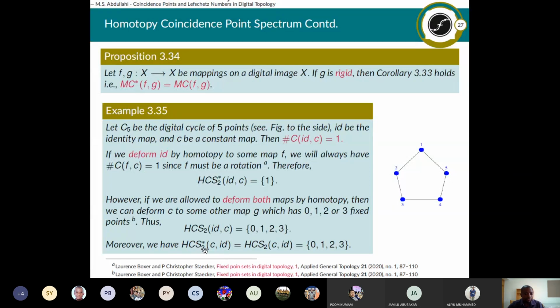And moreover, what will happen if we change the position of these two mappings? Instead of the identity and C, we use C and the identity. If we do that, both changing 1 and changing 2 will result in us having 0, 1, 2, and 3.